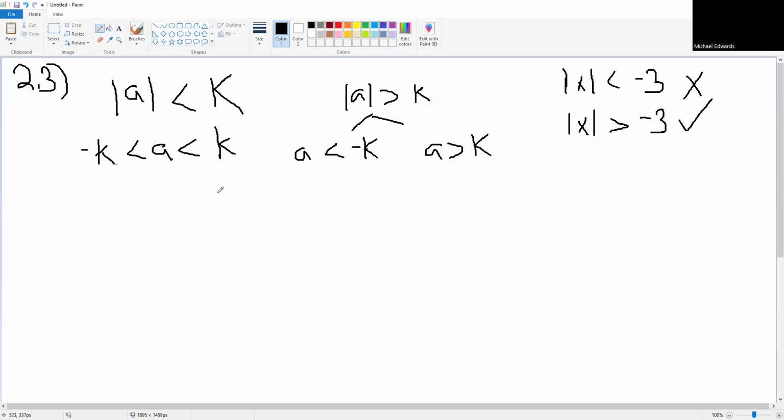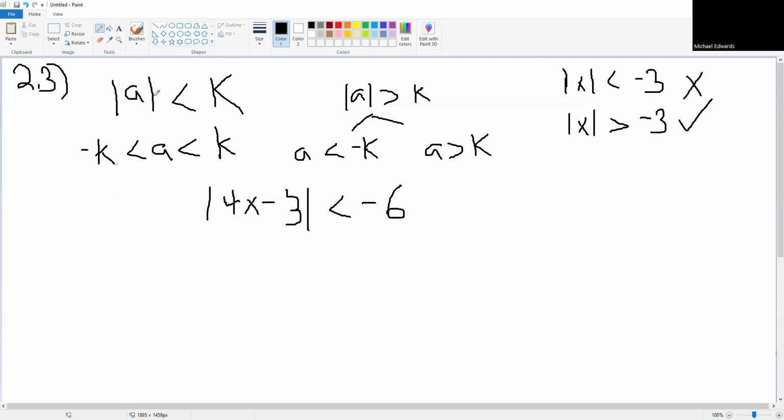So let's solve this one. We have absolute value of 4x minus 3 less than negative 6. Now, to solve this, we need to look at our rules.